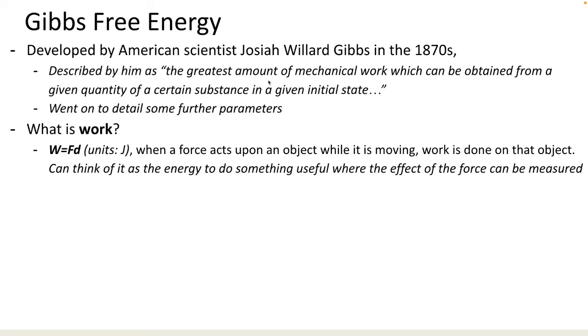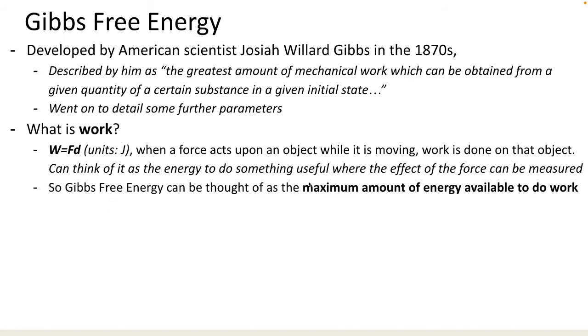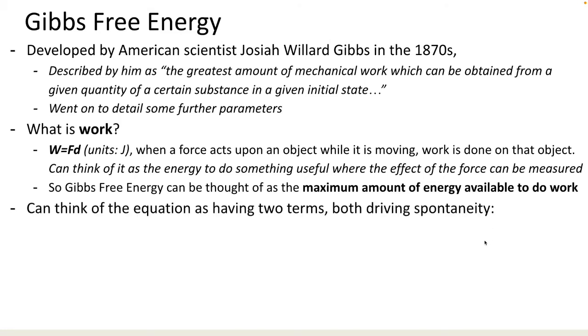So Gibbs free energy is talking about the energy that is able in a chemical reaction to do work, to do something useful, such as drive a chemical reaction in whatever form that looks like. So Gibbs free energy can be thought of as the maximum amount of energy available to do work, to do something useful in our chemical reaction.